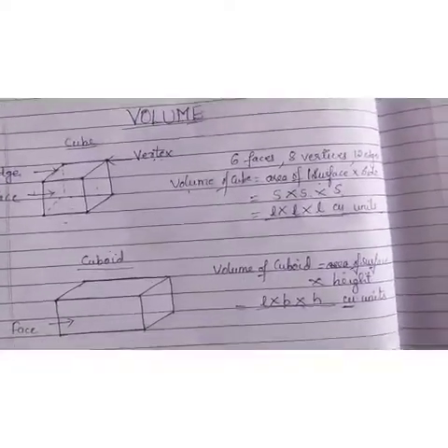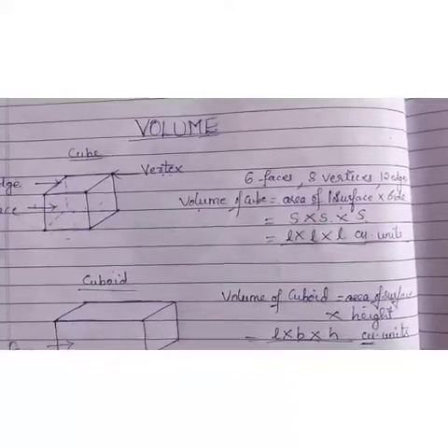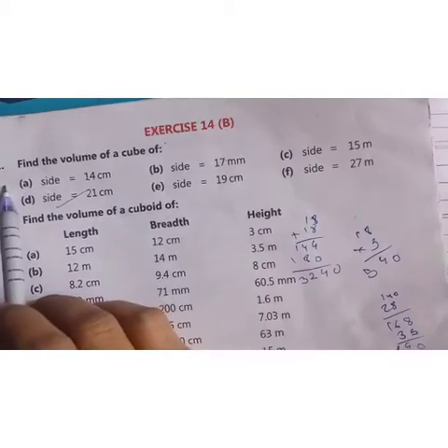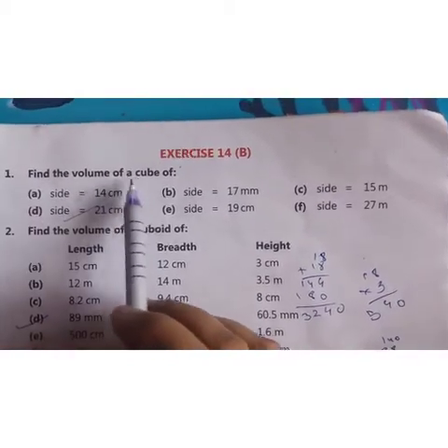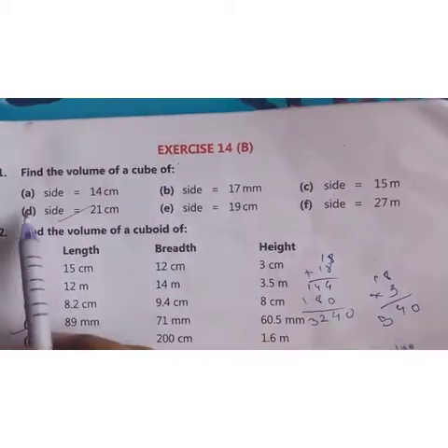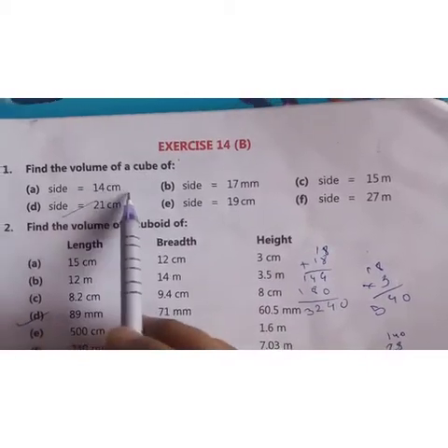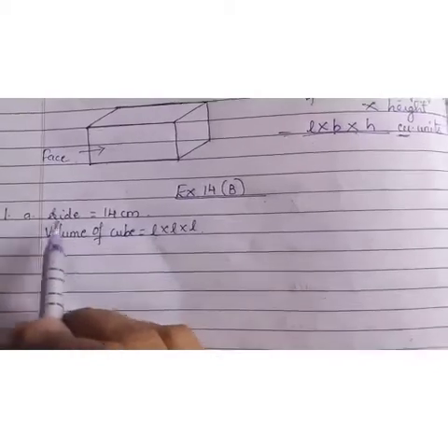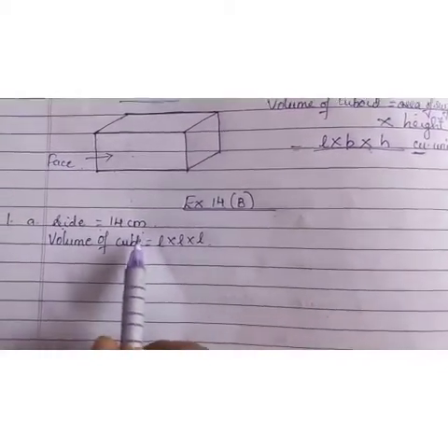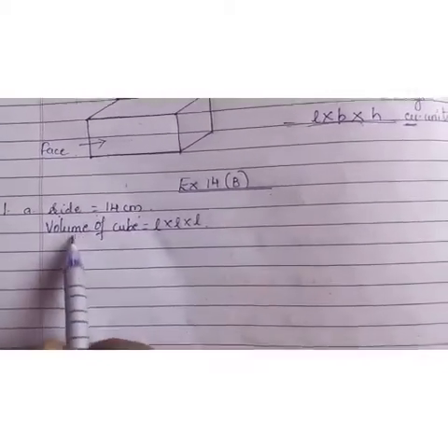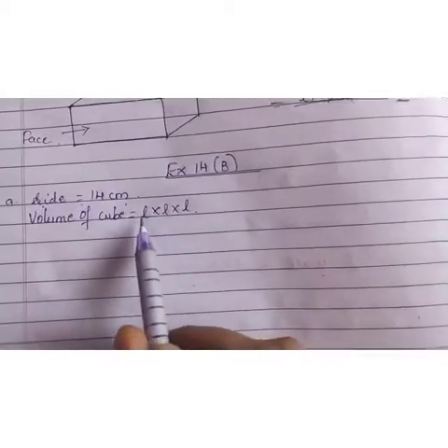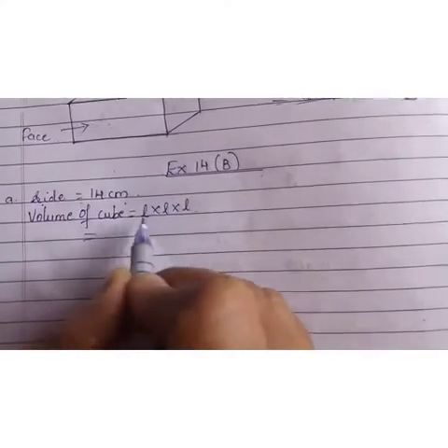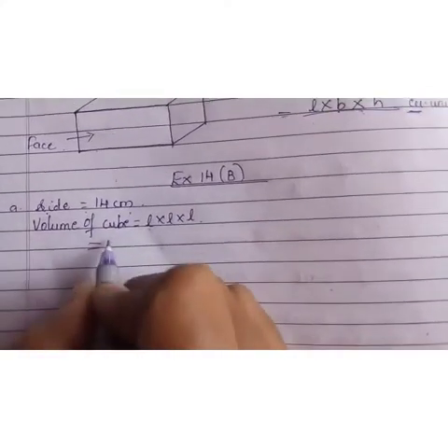So children, now let us solve the exercise. Exercise 14b. Question number 1. Find the volume of a cube of side 14 centimeters. So the side is equal to 14 centimeters as it is a cube. The formula to find the volume of a cube is L into L into L. Now replace the values, L is 14.